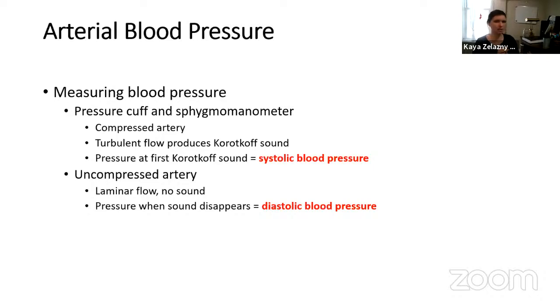So we have to wait until we hear absolutely no sound with our stethoscope, because that tells us that even the pressure of that artery during diastole is enough to fight against the blood pressure cuff and enough for that blood to flow unimpeded.